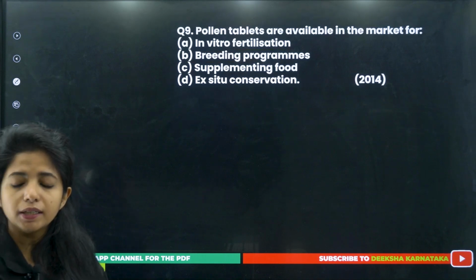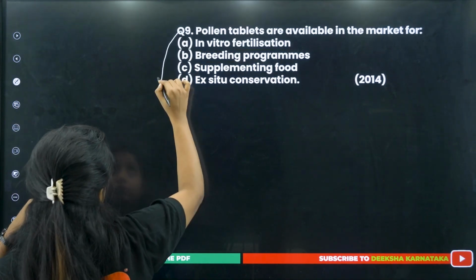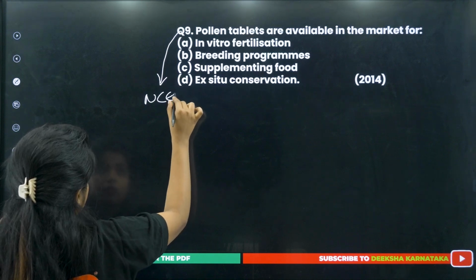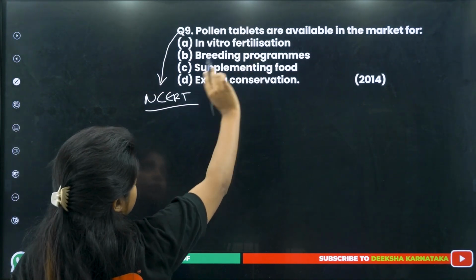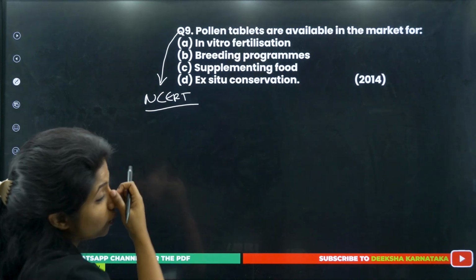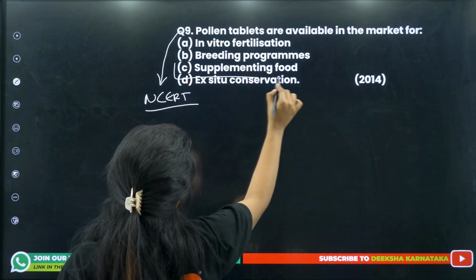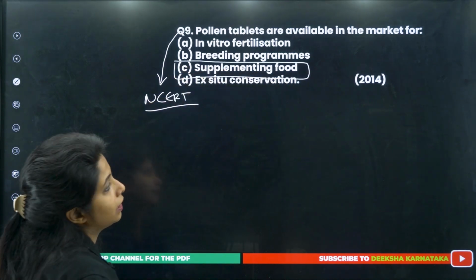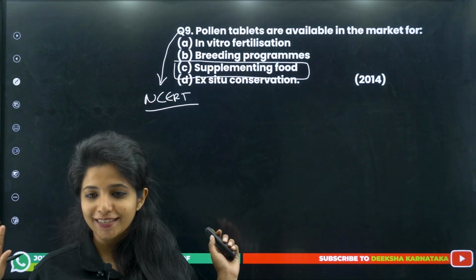Going ahead, pollen tablets are available in the market for, again straight from your NCERT, in vitro fertilization, breeding program, supplementing food, ex situ conservation. Now tablets, as you know, are for ingestion, so obviously it will be for supplementing your food. This is the correct answer, came in 2014, easy 4 marks, right?